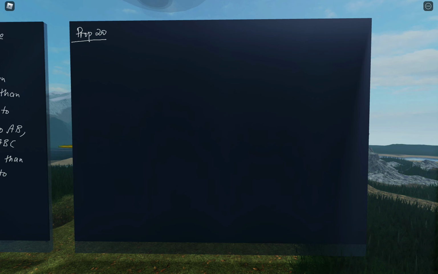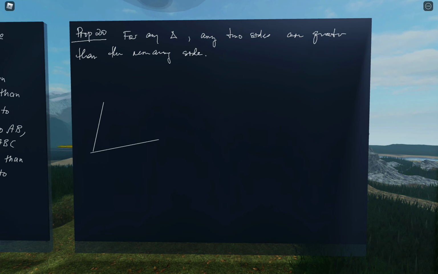So for any triangle, the sum of two sides, or any two sides, is greater than the remaining side. Yeah, so now we're starting to prove some things that we might have seen in everyday mathematics. We'll draw a triangle, ABC.